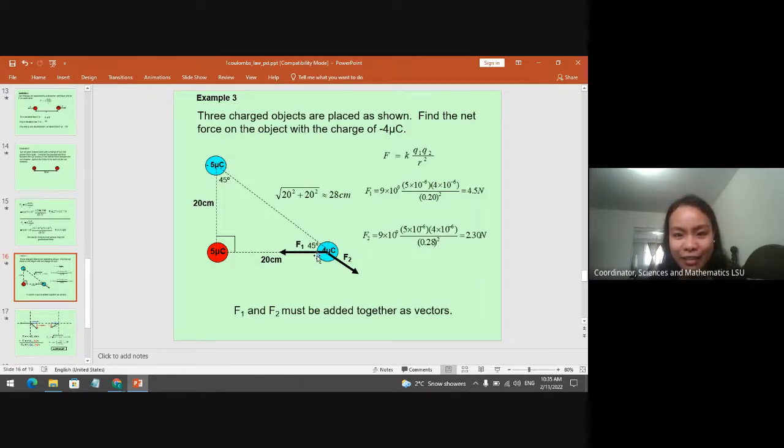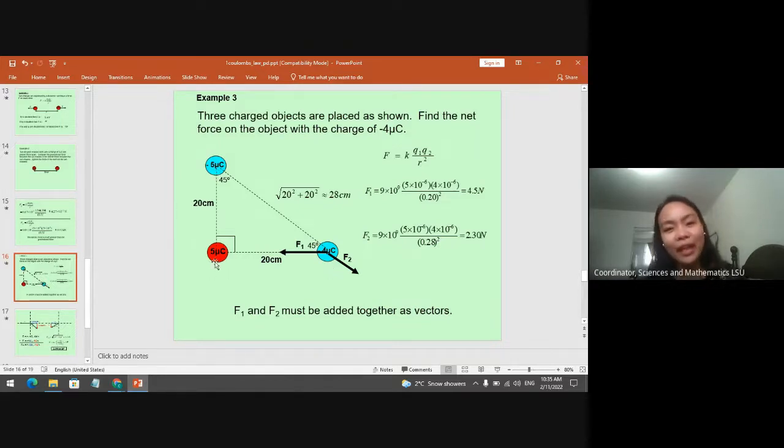Kindly take a screenshot or take a photo again so that later when I show you the solution, you can glance at the problem. Now, the 5 microcoulomb charge and the negative 4 microcoulomb charge are 20 centimeters apart, as well as the 5 microcoulomb and the negative 5 microcoulomb charge.